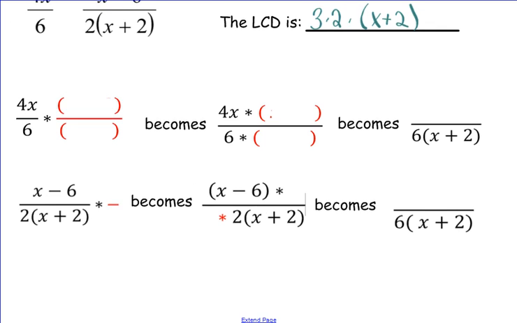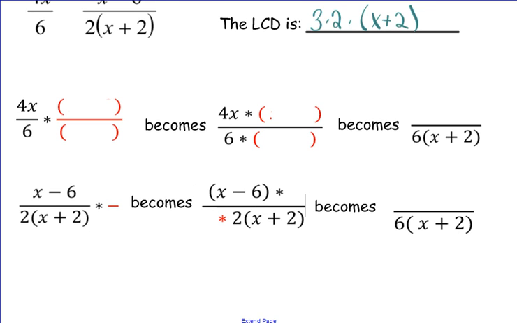Now, what you have to do is ask, what am I going to multiply 6 by, because it's in the denominator, to turn it into the least common denominator? What we multiply 6 by is x plus 2. So I'm going to put x plus 2 in both places.